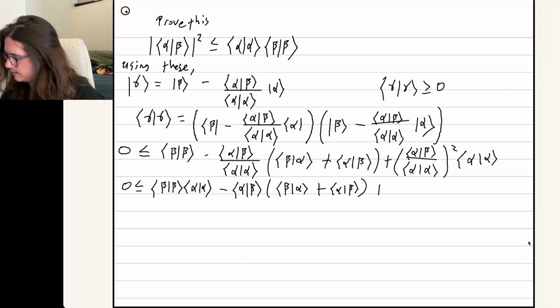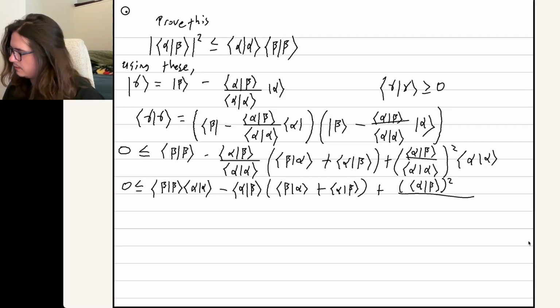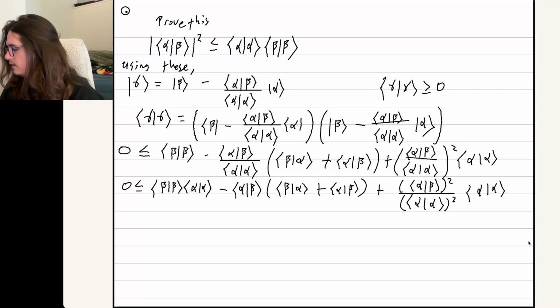And then we're going to have an alpha beta squared term here divided by alpha with alpha squared, times alpha with alpha, now squared because we multiplied both sides by that inner product. So this term on the bottom will cancel out this term on top here.